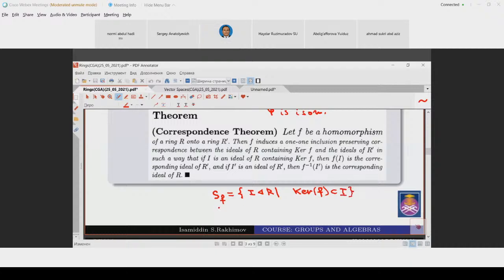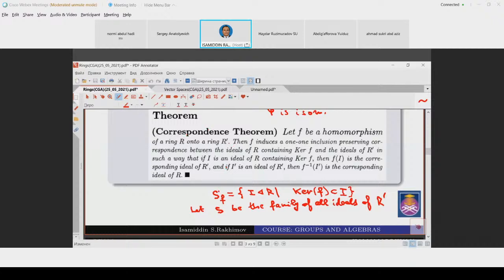Another one is S, the family of all ideals of R prime. Then between these two sets, there is a one-to-one correspondence.